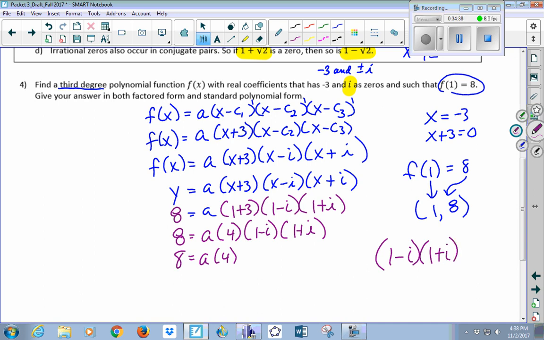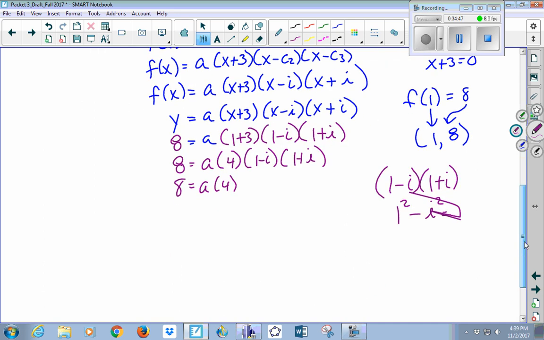These are conjugates, so you square your first term, you square your second term, you put a minus there, and you get 1 minus, and remember, i squared was -1, so this becomes 1 plus 1, which is 2. So when I multiply these two factors, I get a 2.